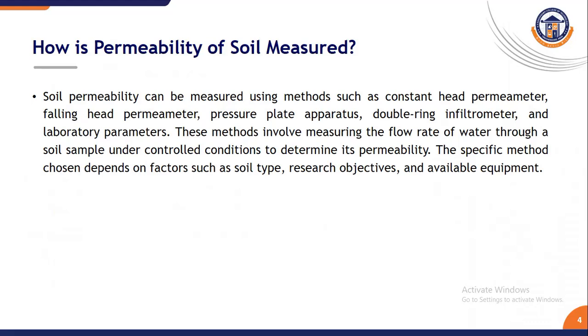These methods involve measuring the flow rate of water through a soil sample under controlled conditions to determine its permeability. Okay, and then the specific method chosen depends on factors such as soil type, research objective or available equipment.